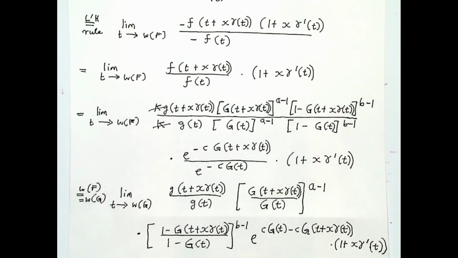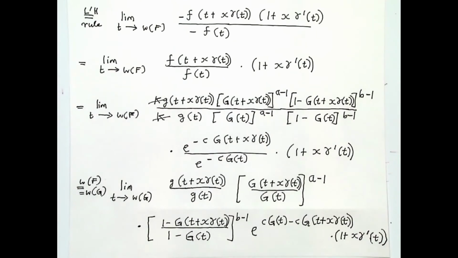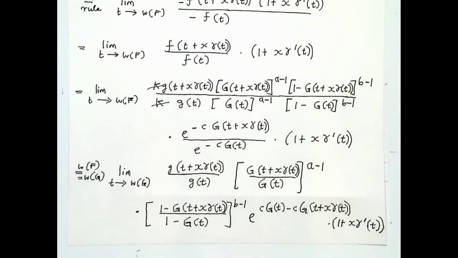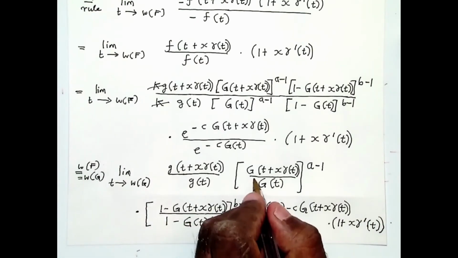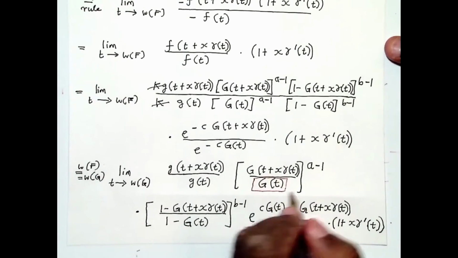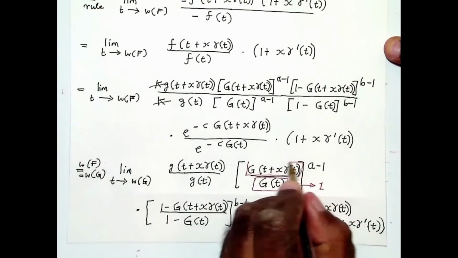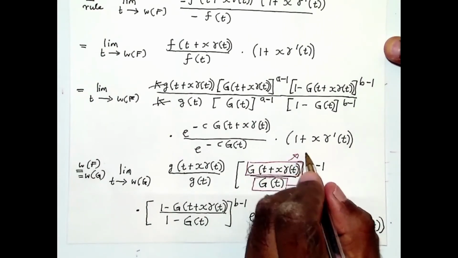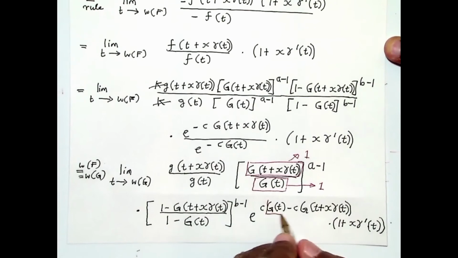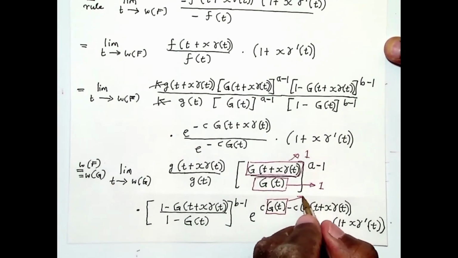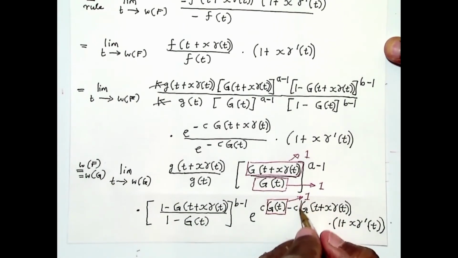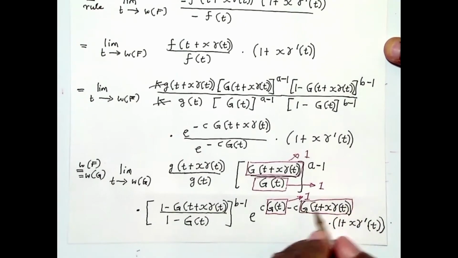Okay. All right, now let's see what happens. You will see here that as t approaches the upper endpoint of G, because of the definition of the upper endpoint of G, this must approach 1. All right, and so does this one, and so does this one, okay, and so does this one.